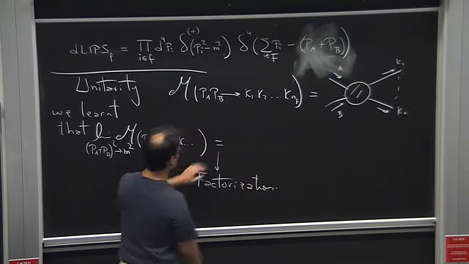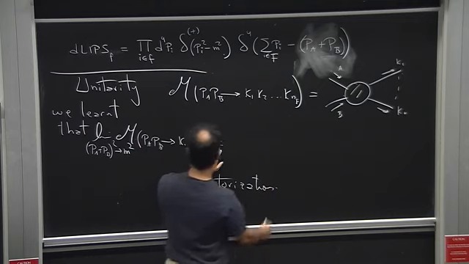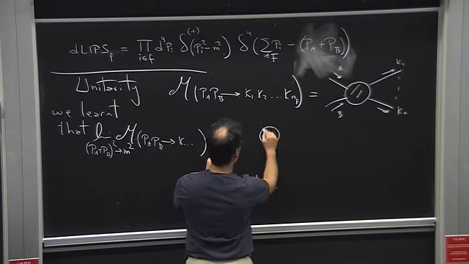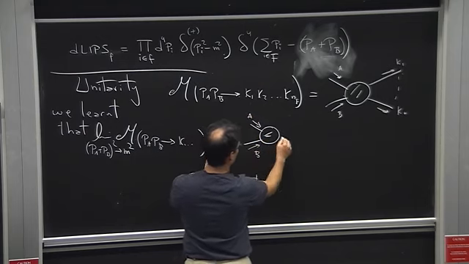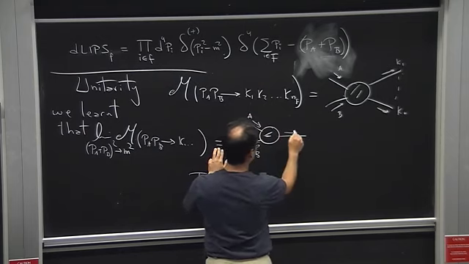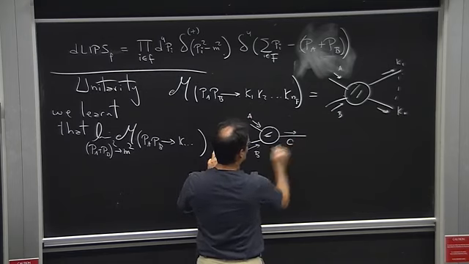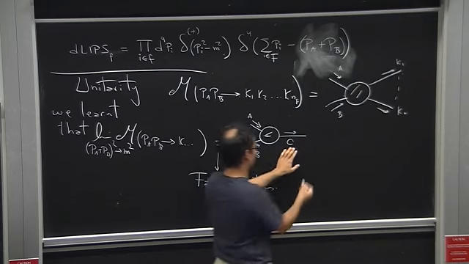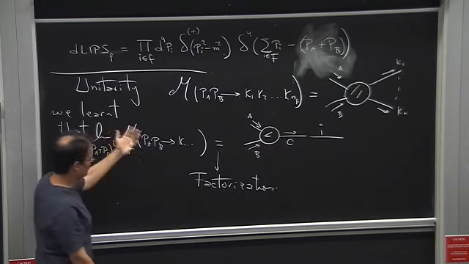This is something we said last time. So what does factorization mean? Well, it has to go into something that looks like this, where you have A and B producing an intermediate particle, which we can call C. It's natural. But this object will diverge.